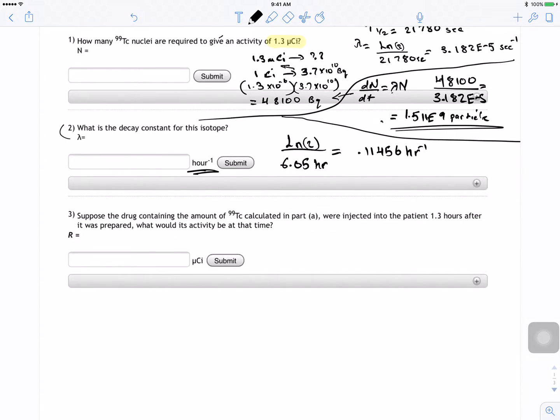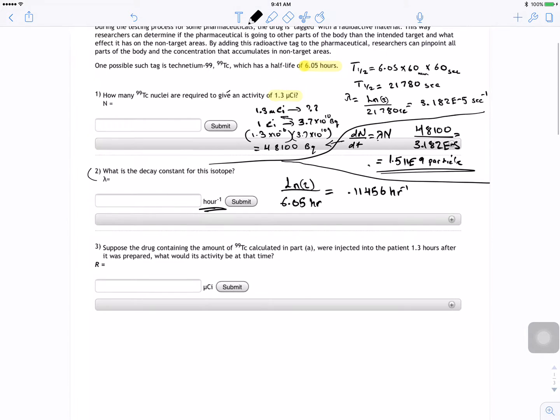Okay, suppose that a drug containing the amount of 99 TC in part A, so we have the number of particles in here, were injected into a patient 1.3 hours after it was prepared. What would the activity be at that time? Okay.